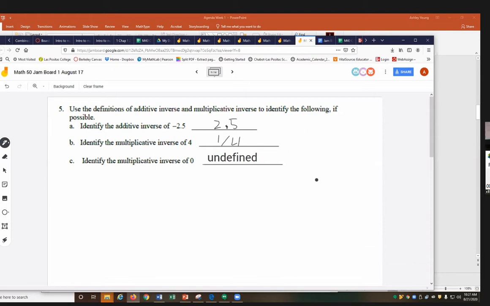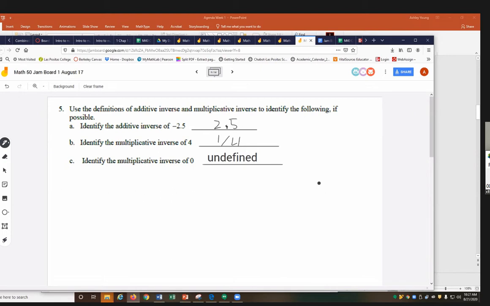Excellent. Good, because what can you multiply by 0 to get 1? There's nothing. No matter what you multiply by 0, you're going to get 0. So there's nothing you can multiply by 0 to get 1. Terrific. So the last one on A, the answer would become 0?